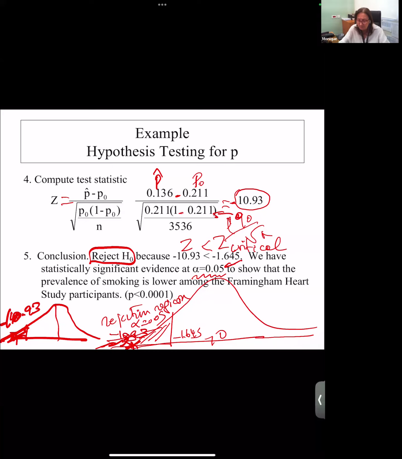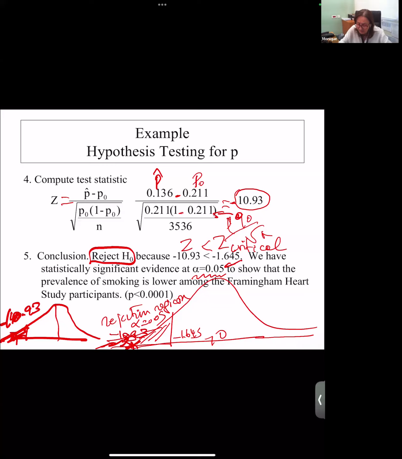Rejecting H0 means definitely the Framingham study probability of smoking is not equal to the national. It is, based on the data, much less than the national. It is actually statistically significantly less than the national.